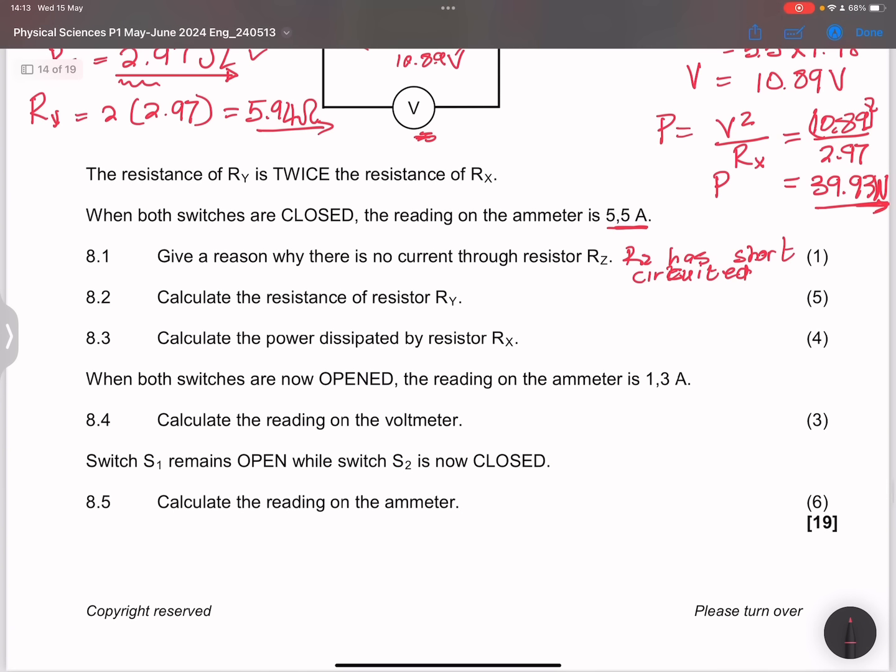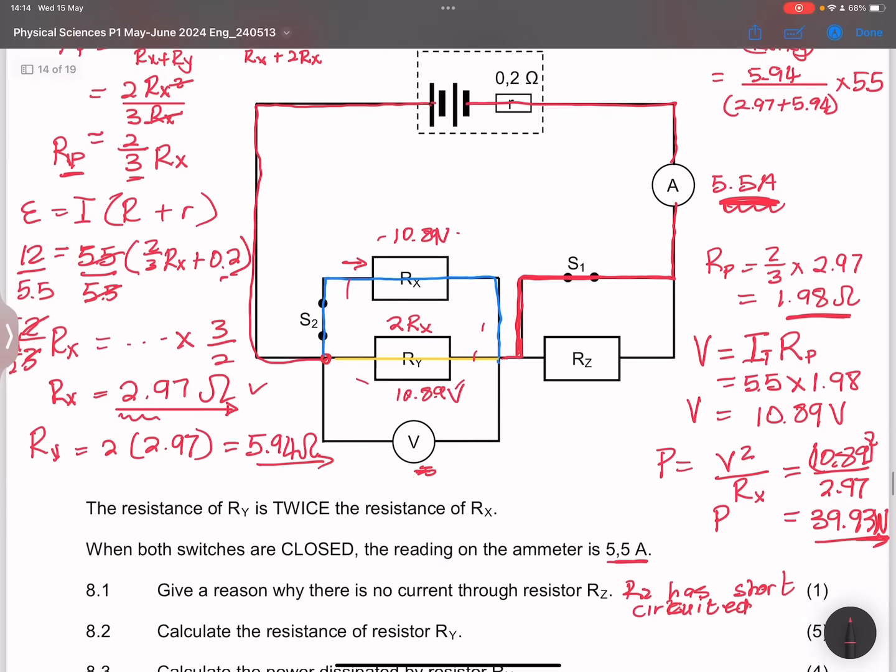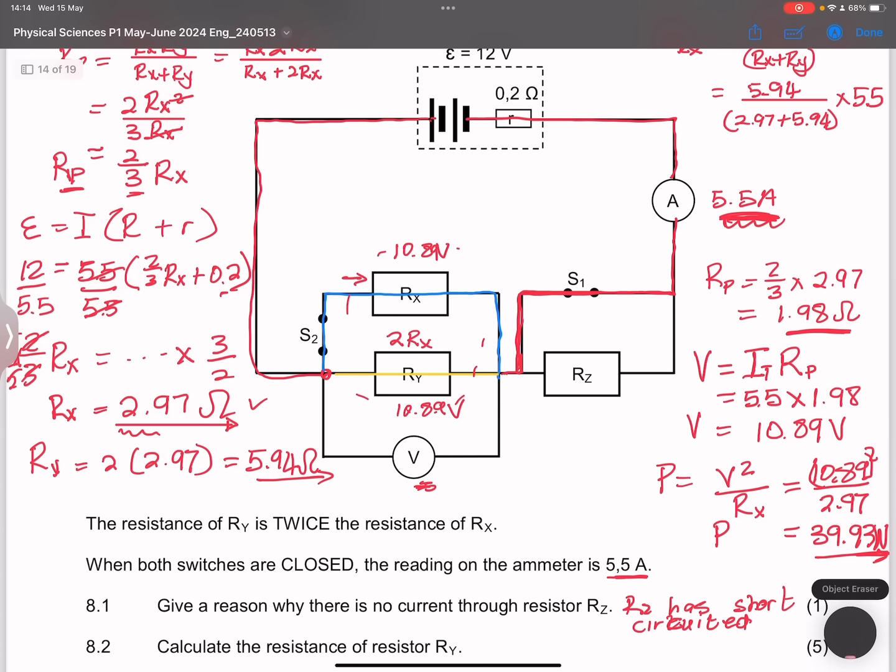Now they say both switches are now opened. The reading on the ammeter is 1.3. Now, if I am going to open both switches, I want us to quickly have a look at it. Once I open switch S2, it means there will be no current flowing here, so Rx is gone.